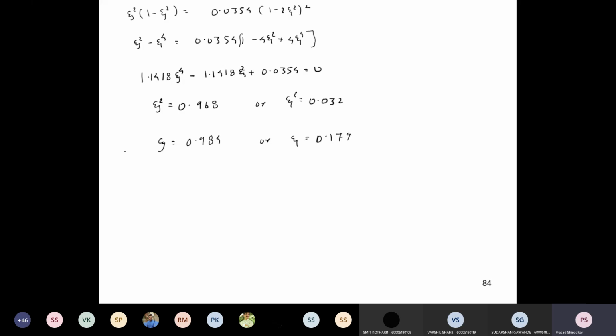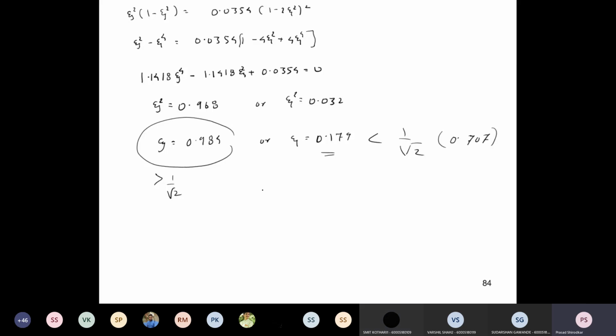Okay, so the first value has to be discarded because it is greater than 1 upon root 2. Alright, so to get a peak value, you should have a value which is less than 1 upon root 2, that is, less than 0.707.